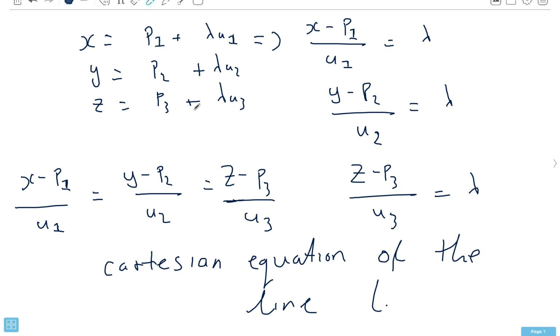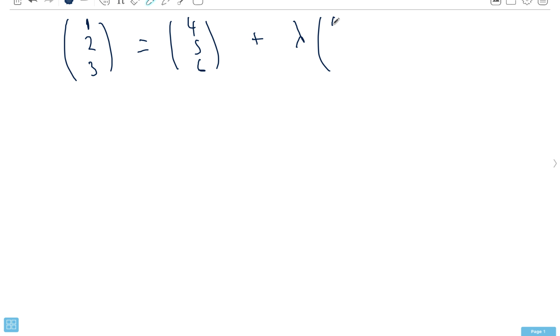And so let's do a quick example. If I was to give you an equation such that r is equal to (1, 2, 3) plus lambda (2, 3, 4).